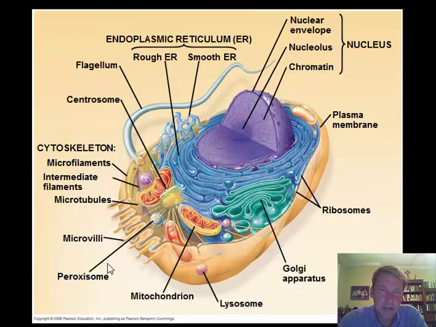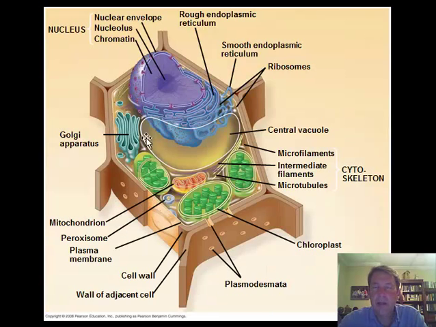Another is peroxisome, again, a very similar function of containing enzymes for breaking things down, and metabolic reactions will occur there. The next ones we look at are vesicles and vacuoles. These are small structures here that separate from organelles and then move about within the cell. In the plant cell, let's skip over to that, there's one large central vacuole.